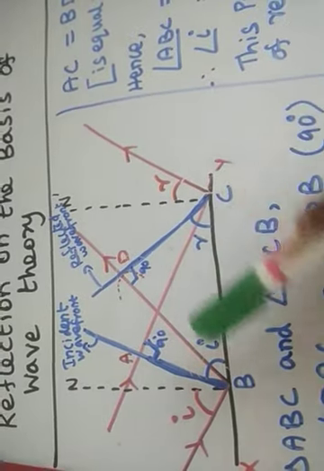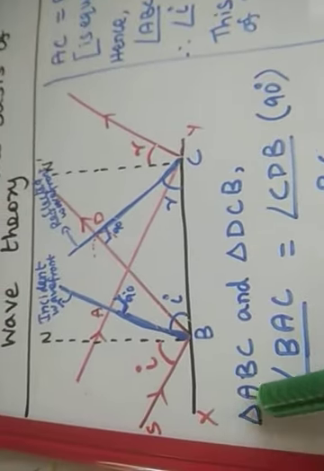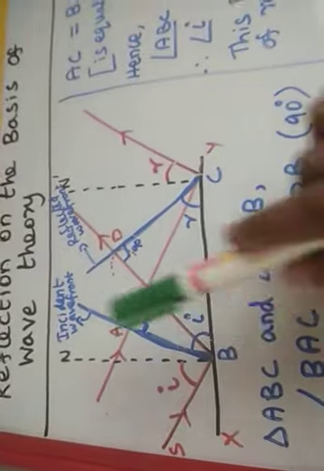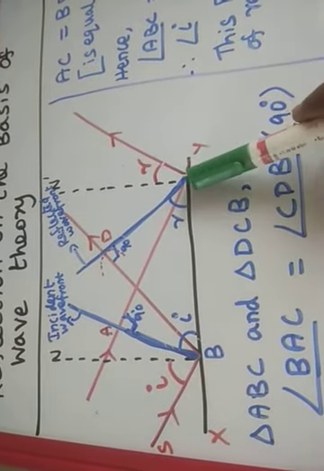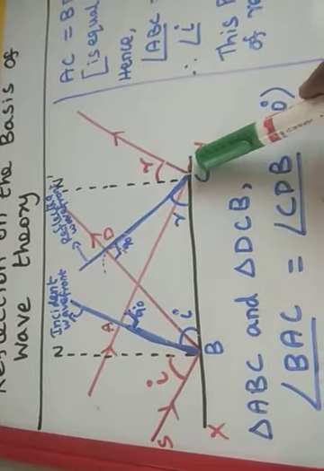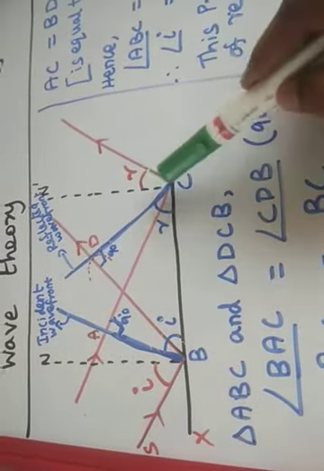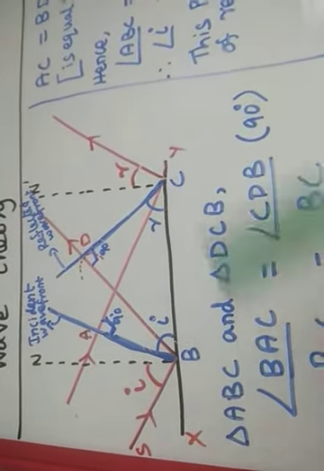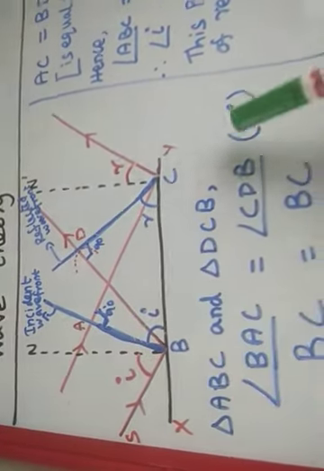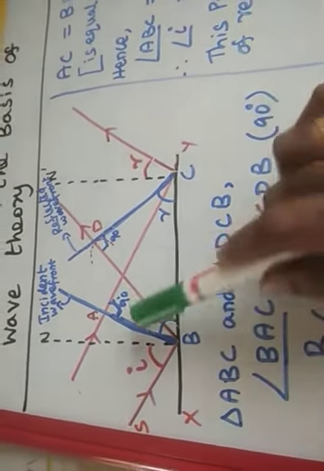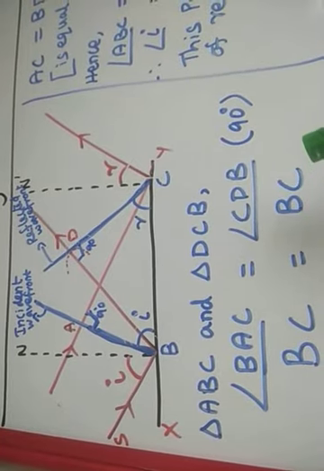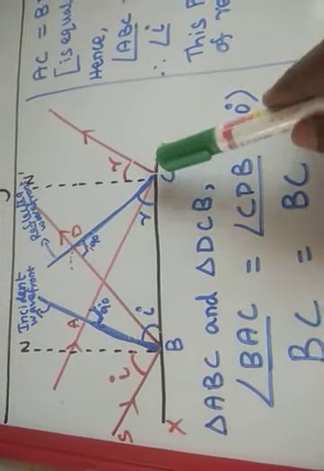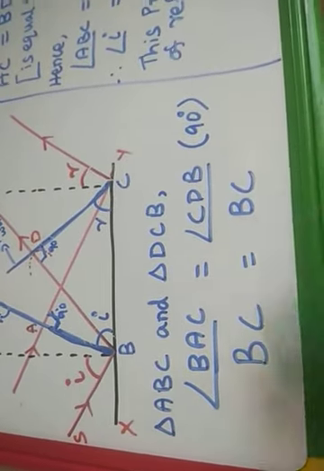Okay, very simple, students. We take the triangle ABC and triangle DCB. In these two triangles, this angle and that angle are 90 degrees. Both triangles have the same angle, 90 degrees. Both triangles have the same base, BC is equal to BC.